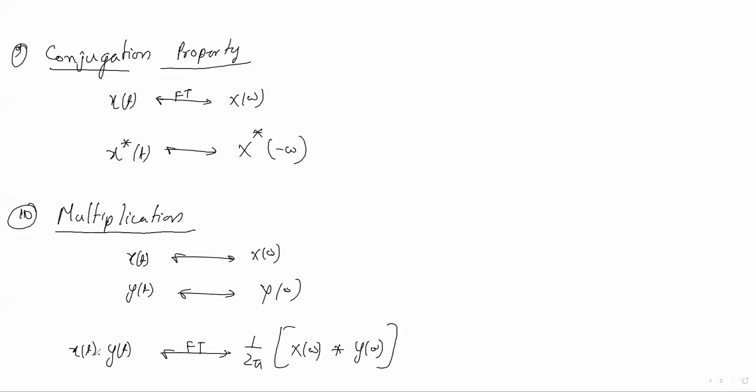If convolution is there in the time domain, then here multiplication will come. If multiplication in the time domain, then convolution will come here. Like that you can remember.